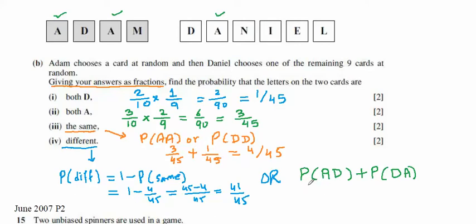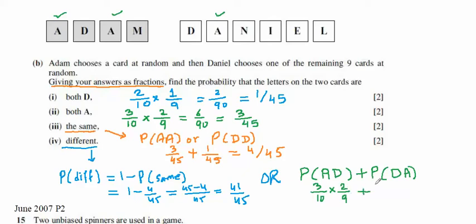Okay, if we are to do it in this way, the experiment is that two cards are taken, first out of 10 and the second out of 9. So it will be first A, there are 3 A's out of a total of 10, and now the total is one short, which means it is 9, and there are 2 D's, so it will be 2 out of 9.